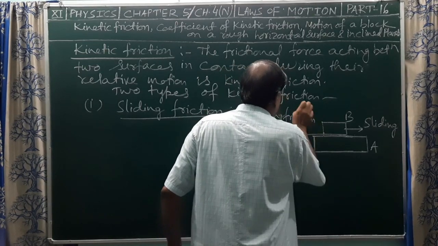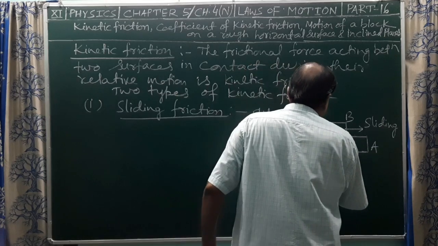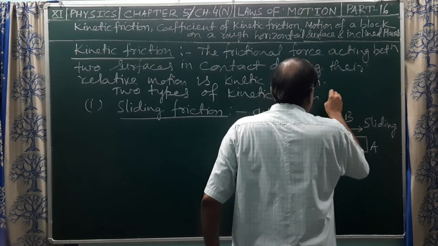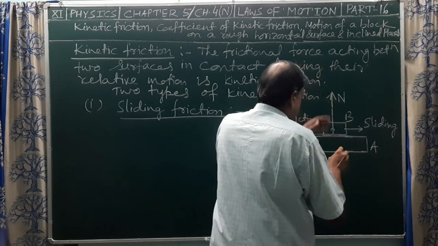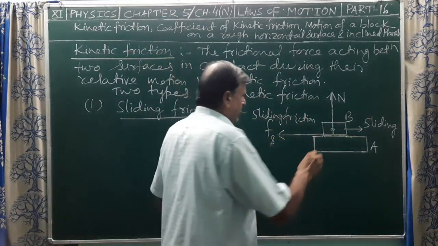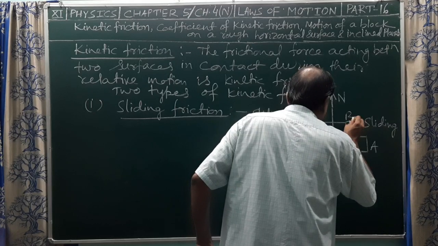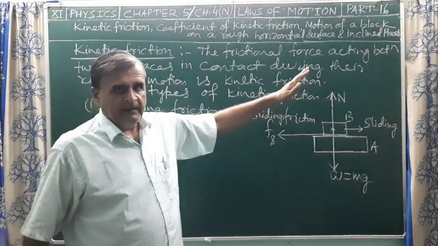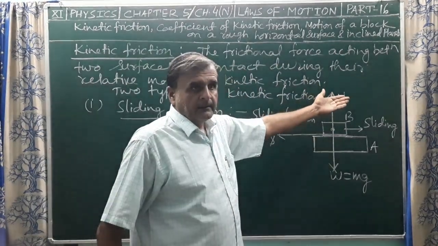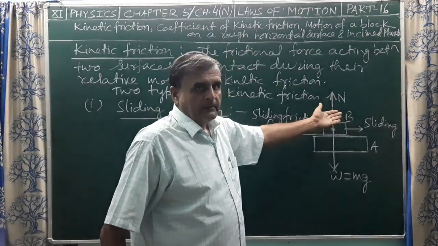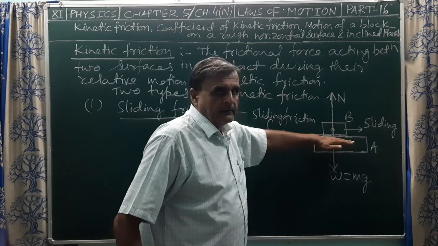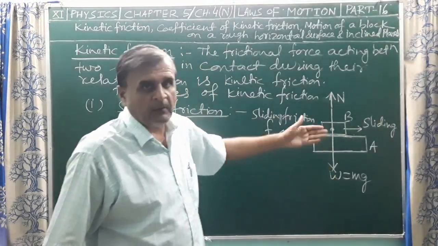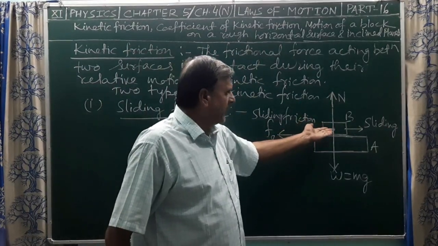Normal reaction of the surface of lower block A, which acts vertically upward, balances the weight of the block B, which is kept over the lower block A. If mass of block B is m, then weight of this block is W equal to mg, acting vertically downward, and this will be balanced by the normal reaction which acts by the surface of lower block A on block B. That is, reaction of weight is normal reaction, which acts in vertically upward direction.